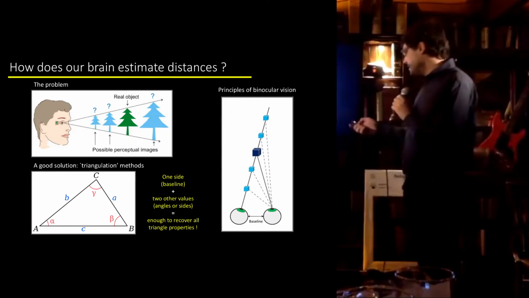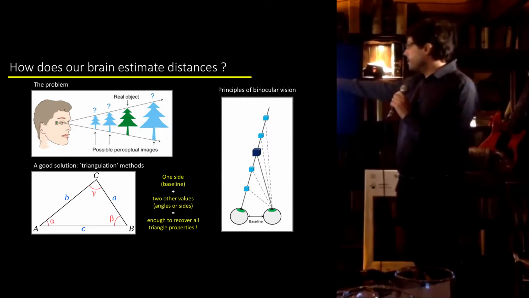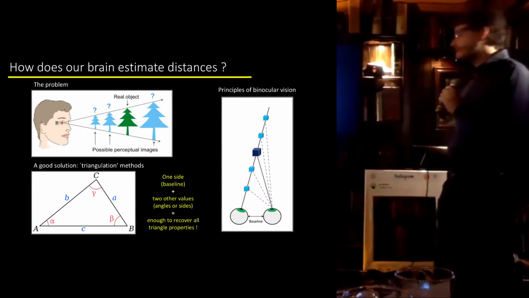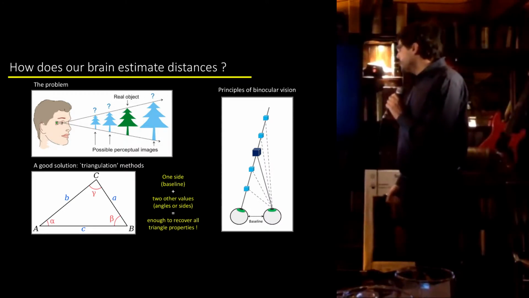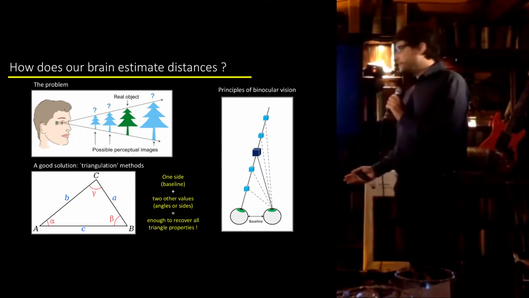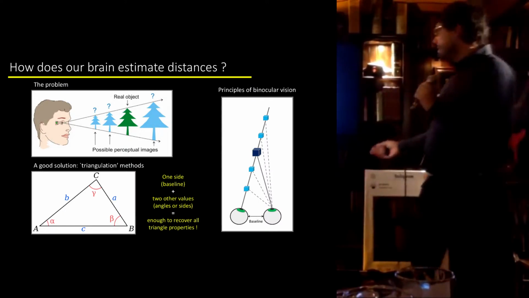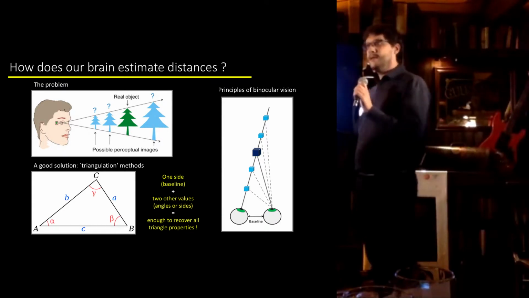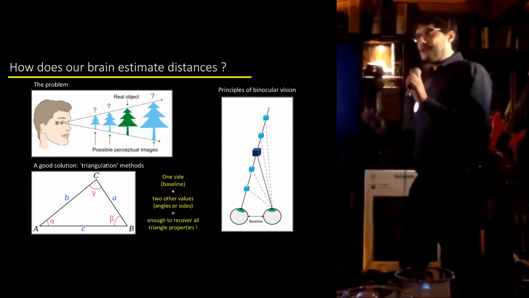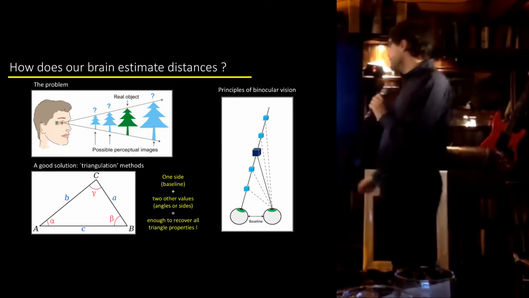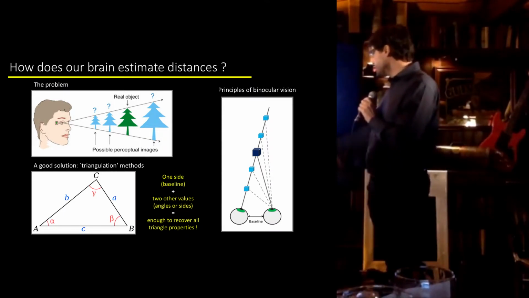So the idea is the following. If you look at the upper right plot here, you see that, of course, a given object could have different sizes and distances. But that is solved by the fact that we have 2 eyes. A good solution to estimate that is using the most basic figure of all in geometry, which is the triangle, the polygon with the fewest sides.